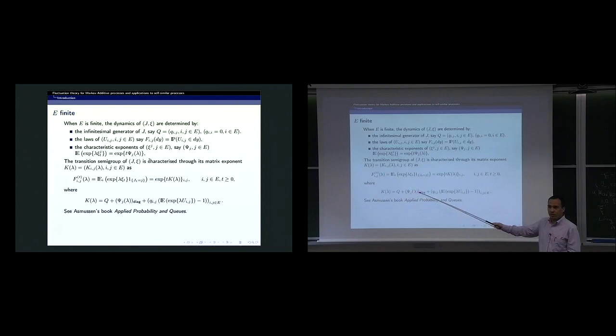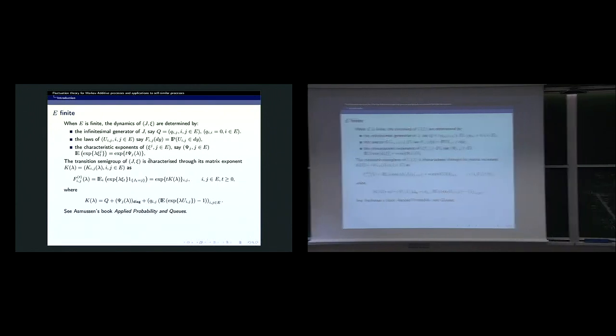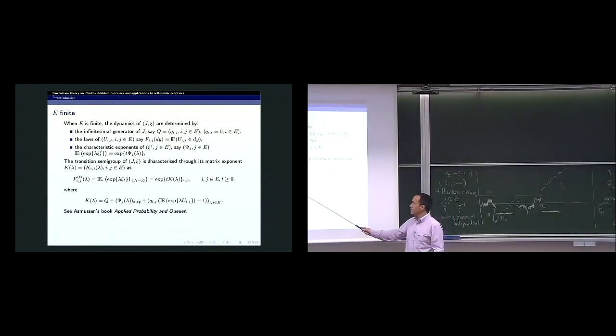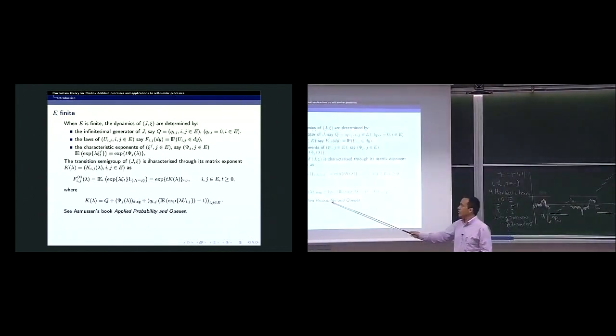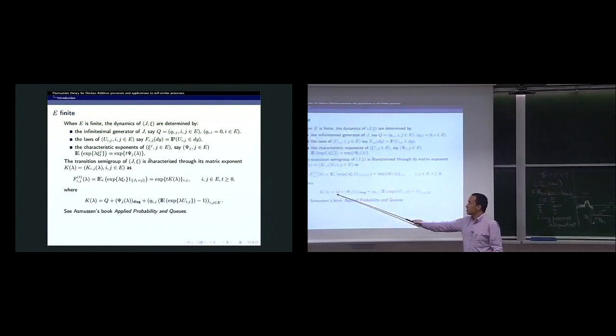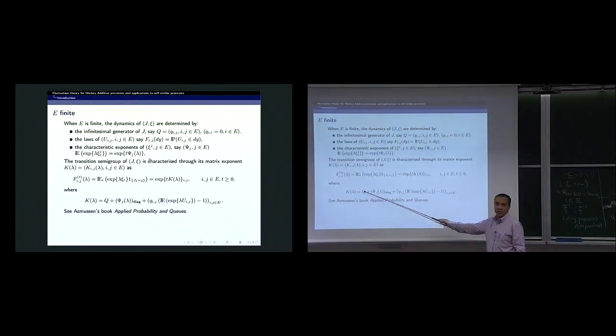And the jumps for the Lévy process can always be written as the integral of the exponential minus 1 times the Lévy measure. Because we are adding one jump here, then that jump can also be written like that. And then there are the rates at which we jump from one state to the other.